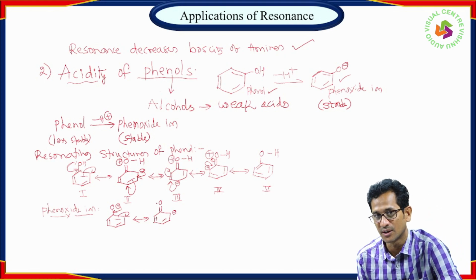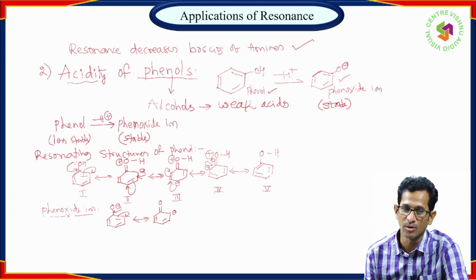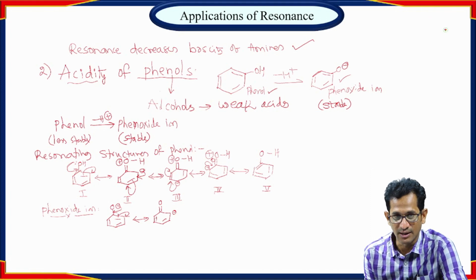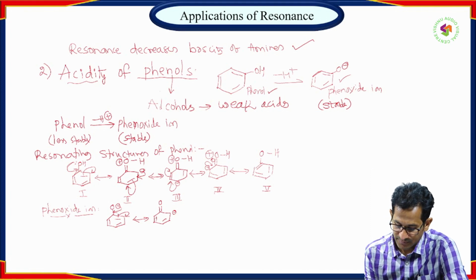A double bond is forming between the oxygen and carbon, which previously was a single bond with the oxygen negative charge. The negative charge of the oxygen is involved in the resonance to form a double bond.